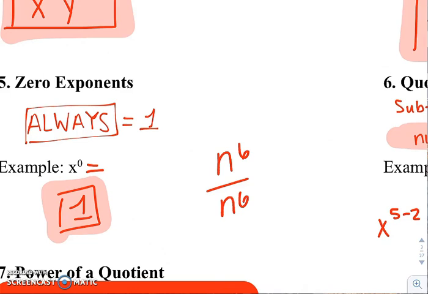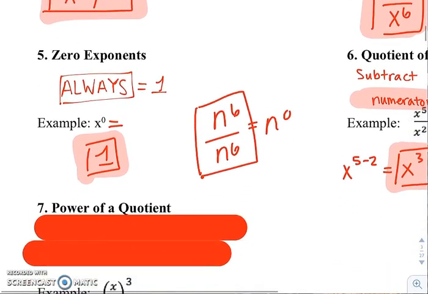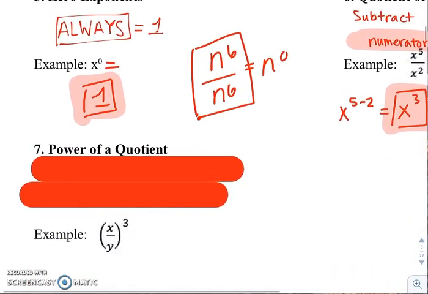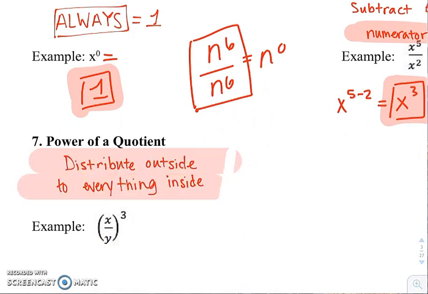Well, we would subtract those powers and get n to the 0. Okay, it seems a little weird that something to the 0 power would be 1, but we started with something over itself. Anything over itself is always equivalent to 1. So, anytime something is raised to the 0 power, it is always going to equal the value 1.